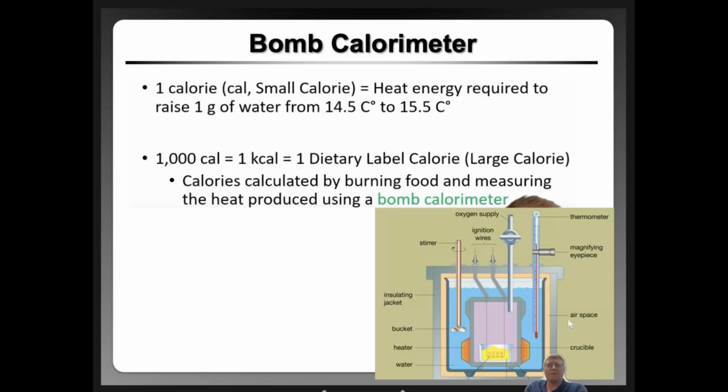They literally put the food inside of a drum, light it on fire, inside of a water container with a thermometer, and of course you have to have oxygen to burn with, and something to keep the water consistently stirred. And when it goes from 14.5 to 15.5, that's how it's done.